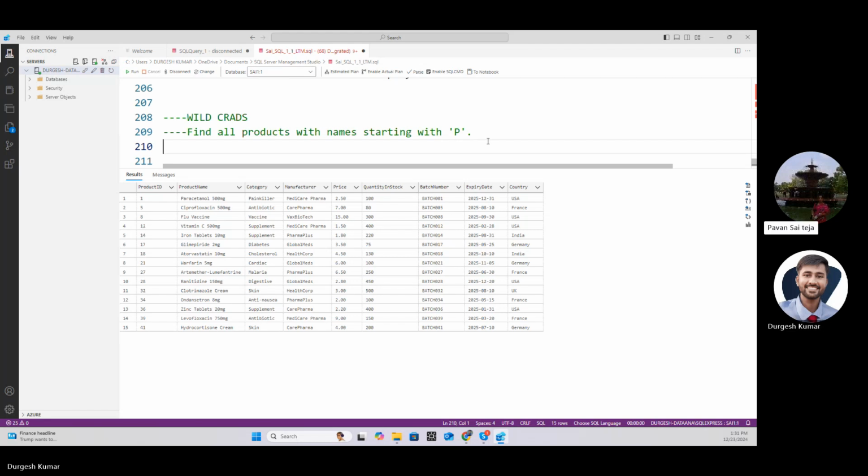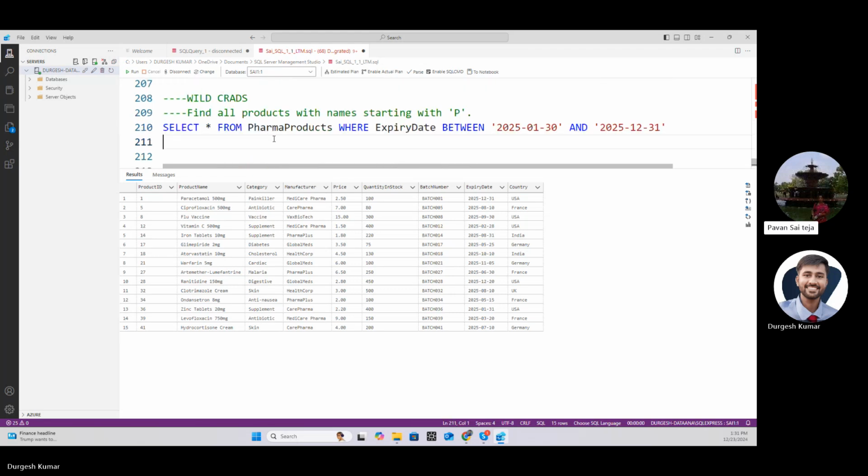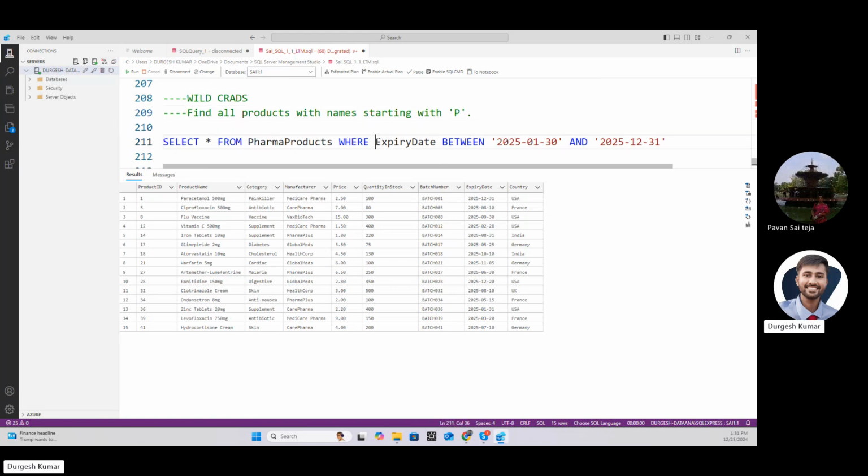Now, how will we get this? Like the same statement, select star from pharmaceuticals where name equal to the string P and afterwards percentage. Yeah, that is called wildcards, right? But tell me how.